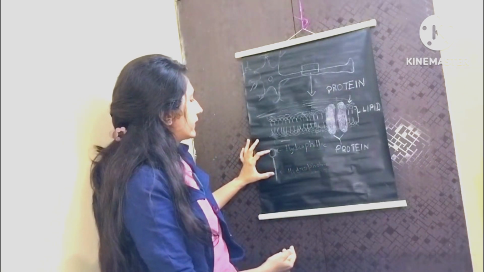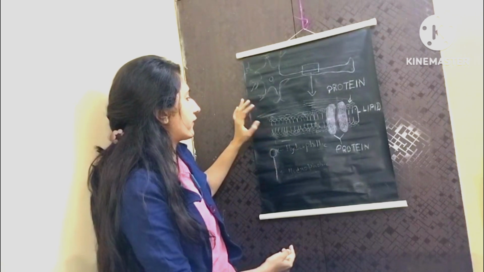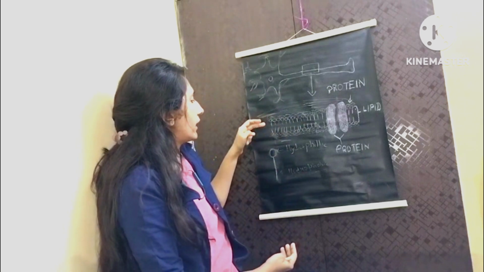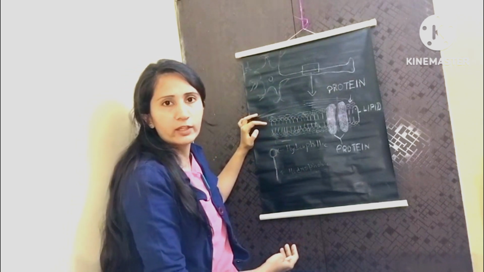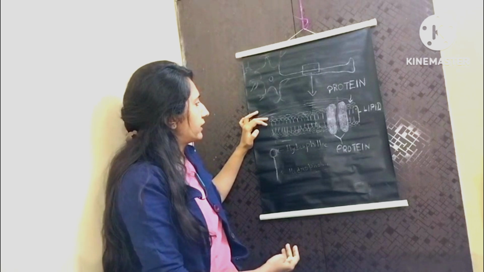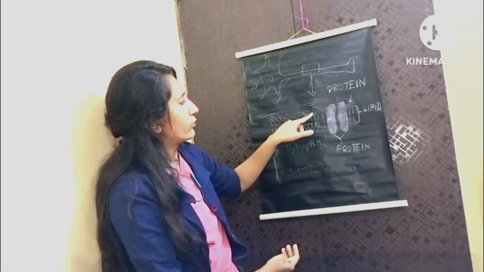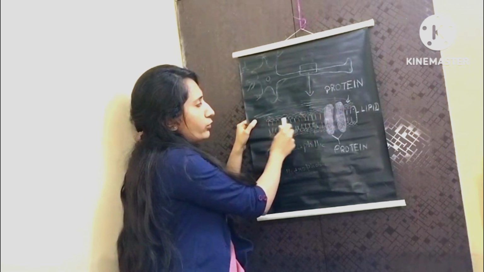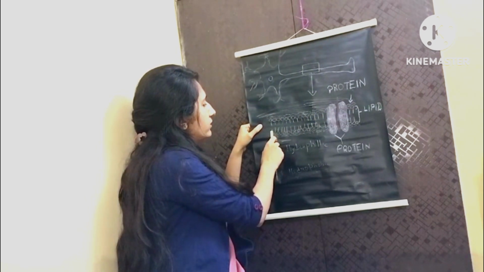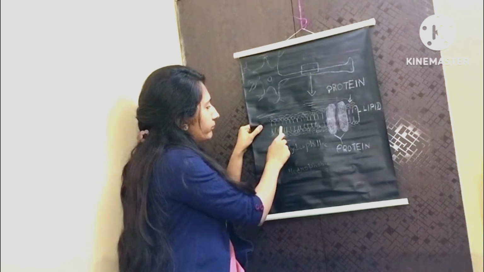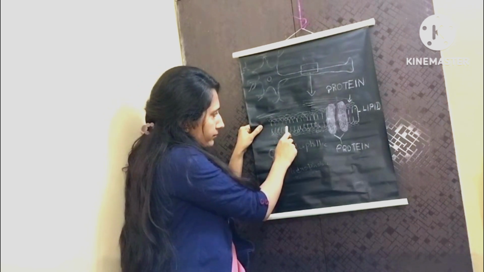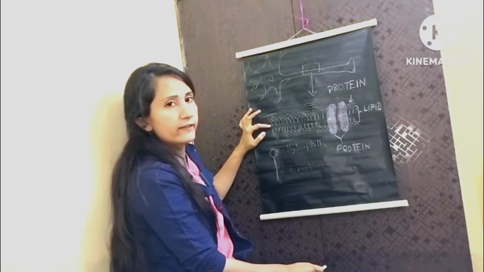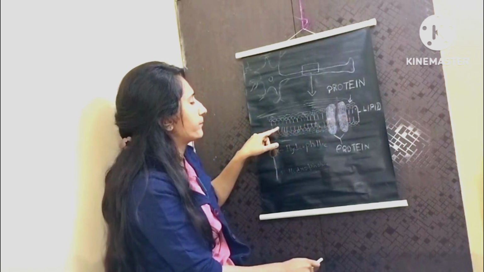So these phospholipids are arranged in such a way in the plasma membrane that the hydrophilic portion goes towards the protein end of the plasma membrane, that is the round portions that you can see. These are the hydrophilic portions of the phospholipid, and the hydrophobic ends of the phospholipid are facing each other towards the center of this plasma membrane.